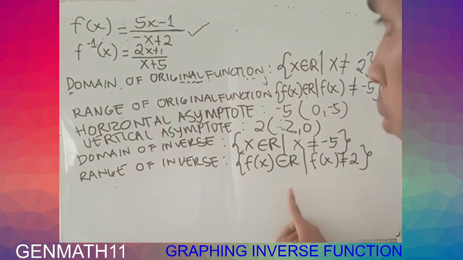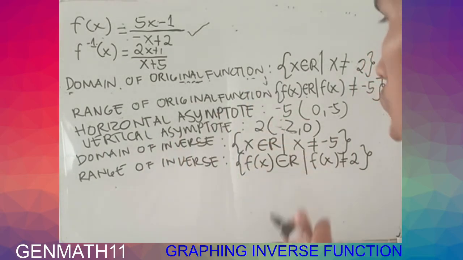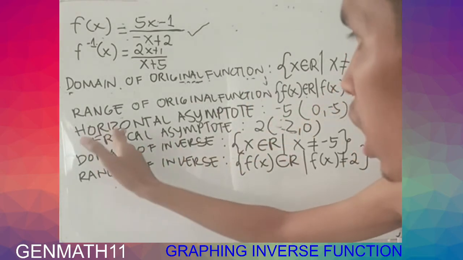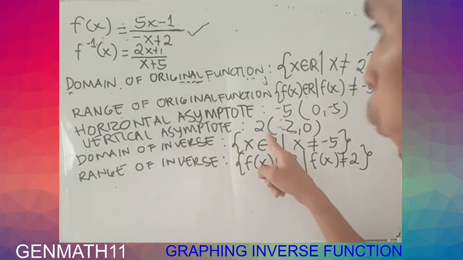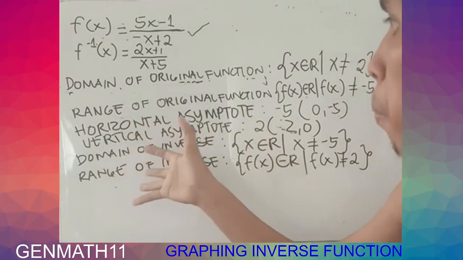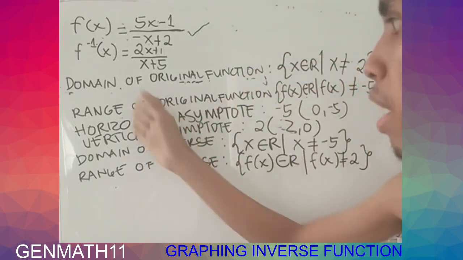Then, the horizontal asymptote and the vertical asymptote are just swapped. So, the horizontal asymptote of our inverse will be 2. Then, the vertical asymptote will be negative 5.